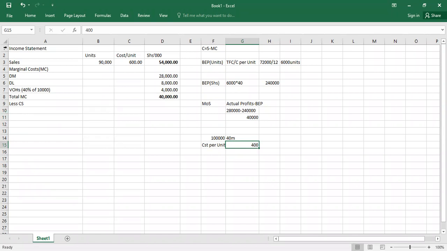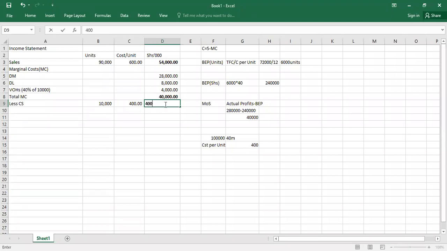Because we are preparing our income statement using the marginal cost, you are going to eliminate the aspect of fixed cost. So our closing stock is 10,000 units. You are going to multiply by 400. What are you going to get? 4 million.